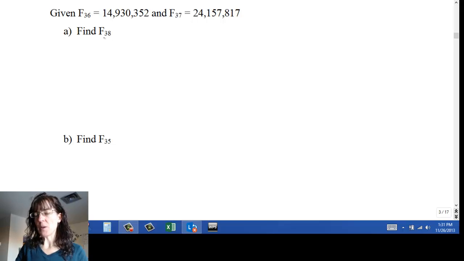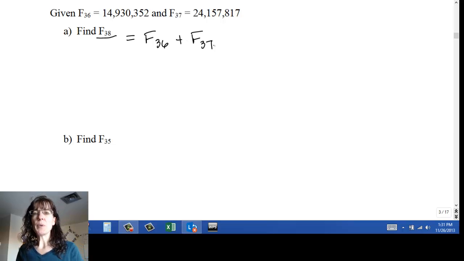So I want to know f sub 38, and to get f sub 38 I have to take f sub 36 plus f sub 37, because that's the definition of each Fibonacci number. It's the sum of the 2 previous Fibonacci numbers.